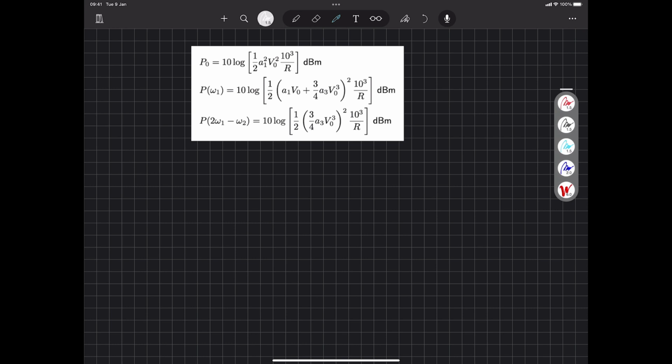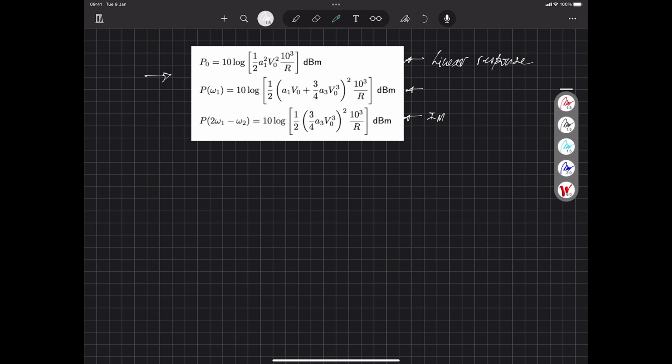So far, we have obtained the following relations, where P sub naught is the ideal linear response, and then we have the response at frequency omega 1, which includes saturation, and then we have the response at the intermodulation distortion.